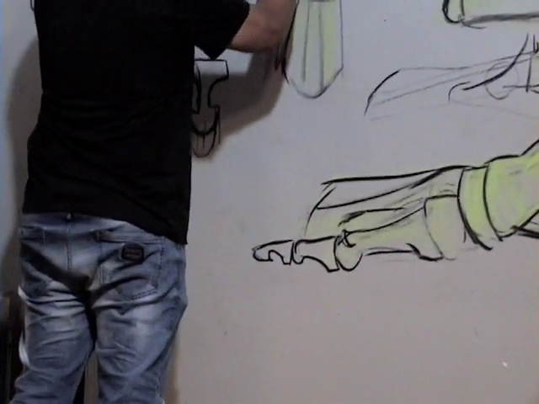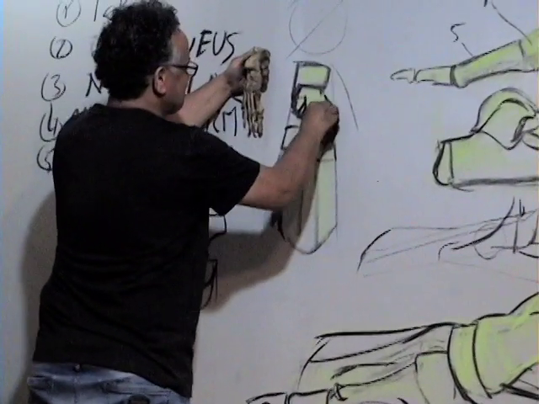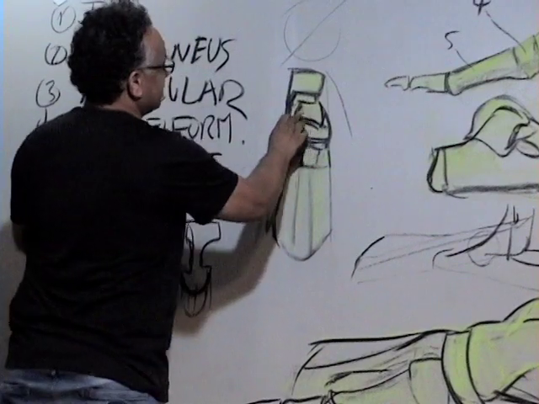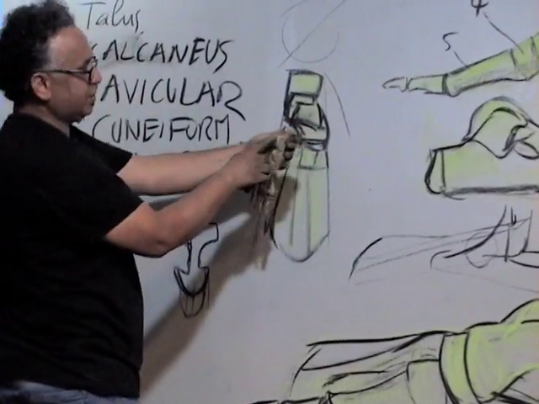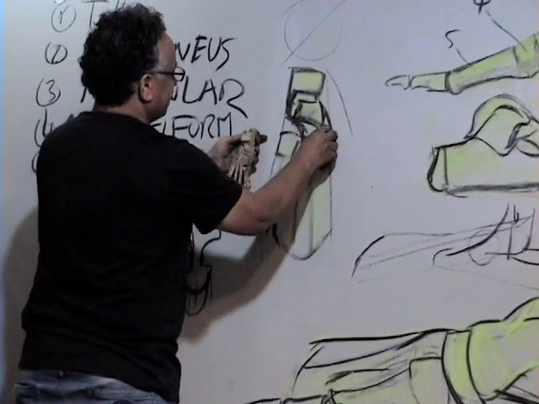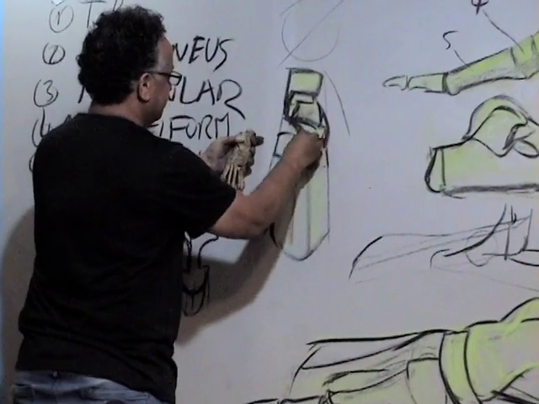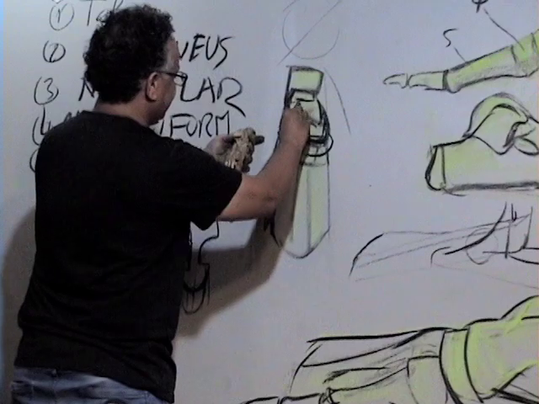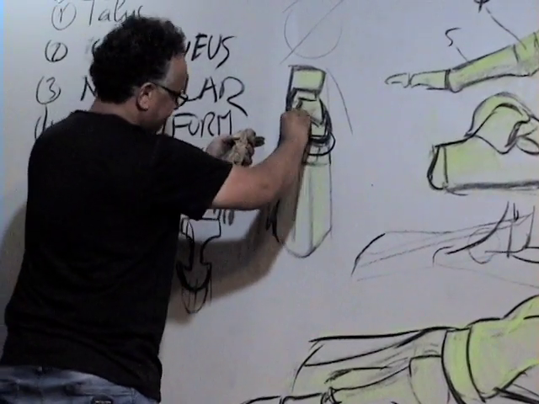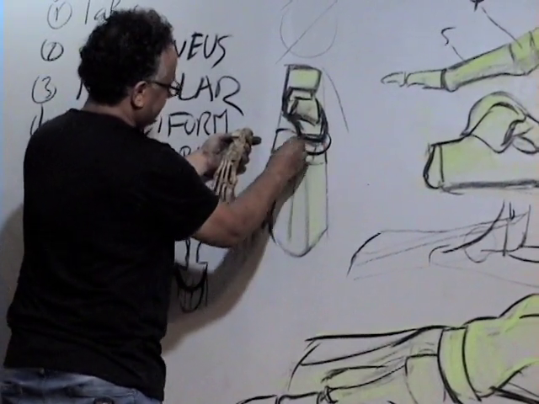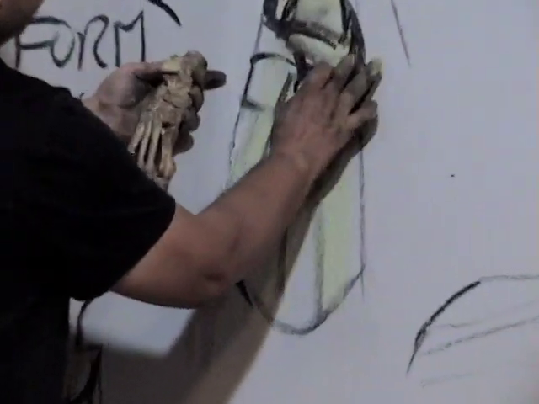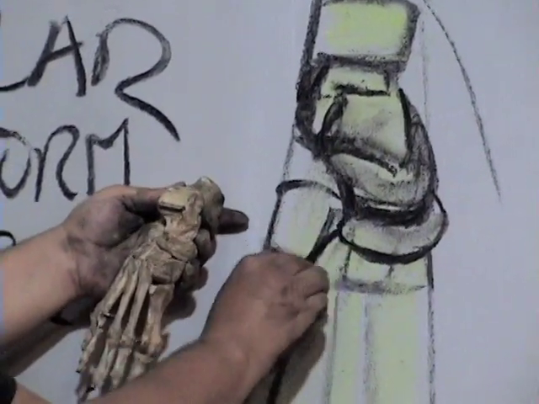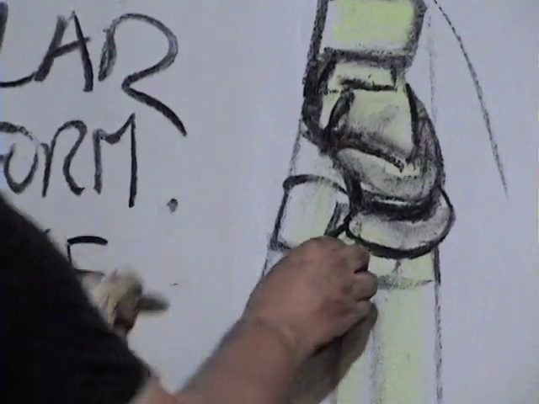This is the trochlea. And navicular. So it's important to emphasize this movement. And to return here to give us the first cuneiform.